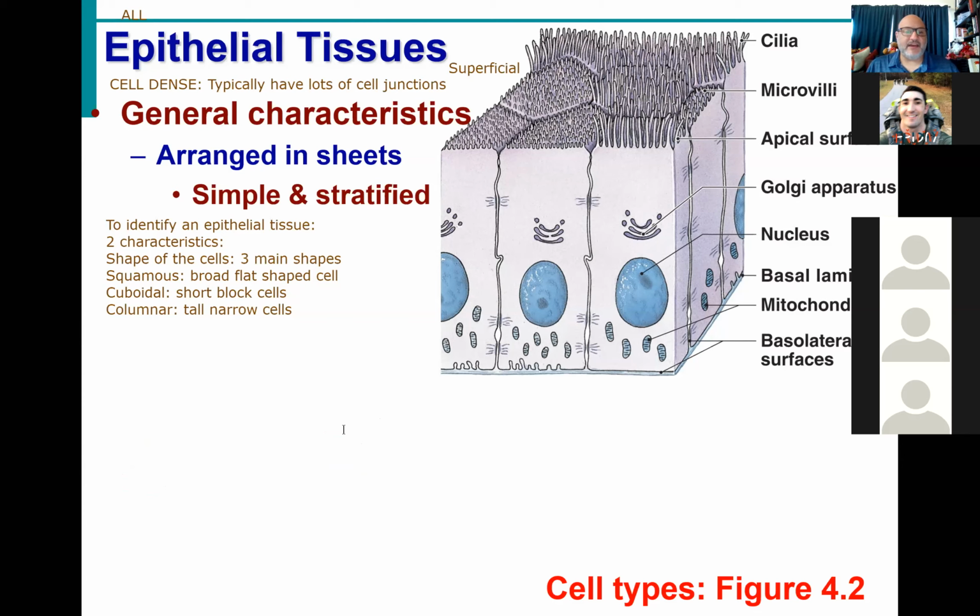The second characteristic we use to identify an epithelial tissue is the number of layers. When we identify epithelial tissues by the number of layers, it can either have one layer or it can have two or more layers.